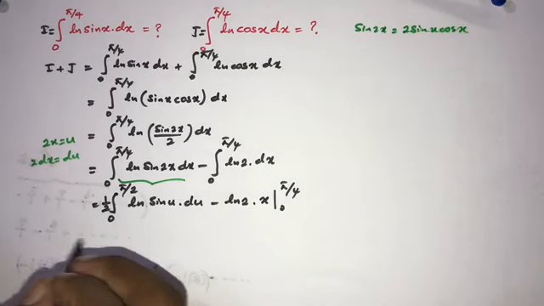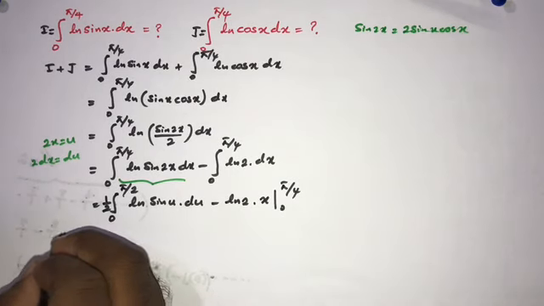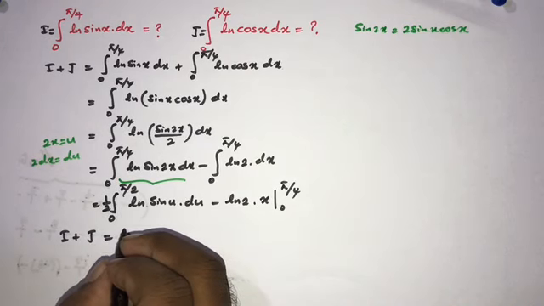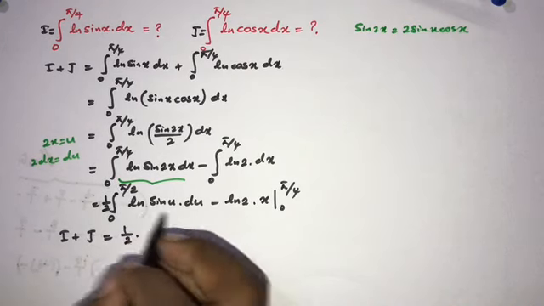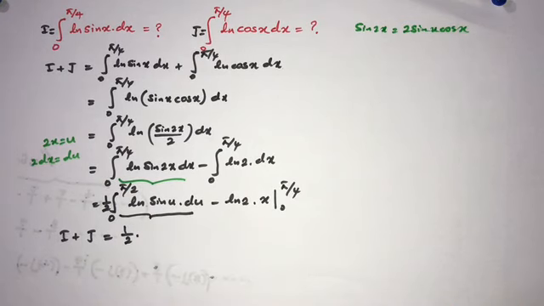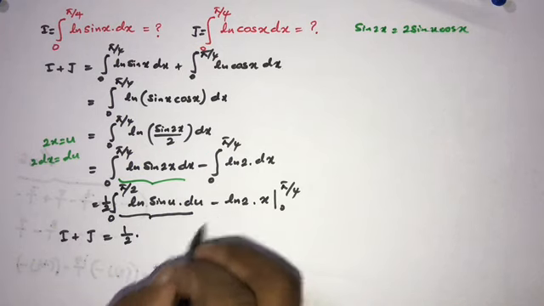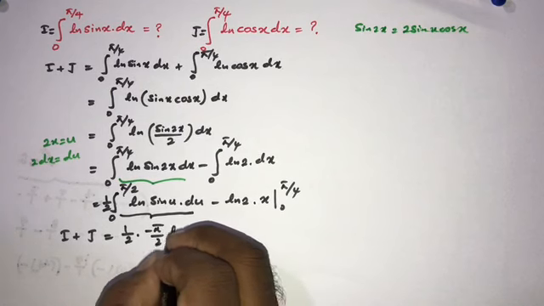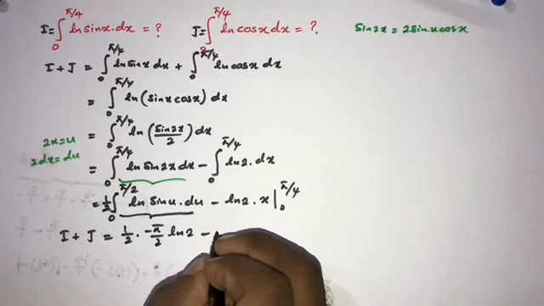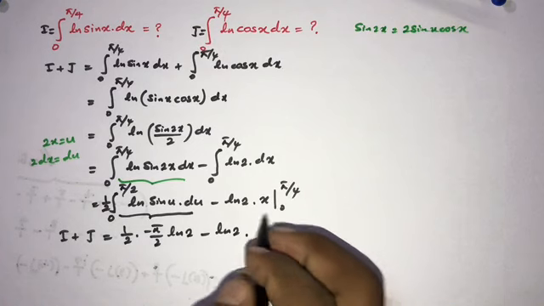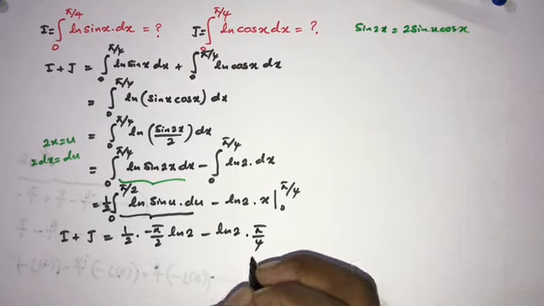Now I plus J is equal to 1/2 times, and this is a very famous integral we evaluated before, the integral from 0 to pi over 2 of natural log of sine of u, which we know, minus pi over 2 natural log of 2, and here natural log of 2 times the x limit 0 to pi over 4, so pi over 4.